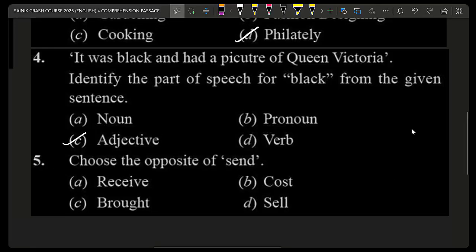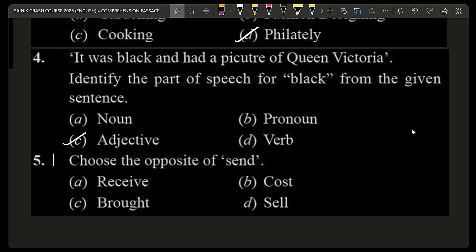Ritvik, can you say the answer for this? Yes, sir. Maths I am very active, and English I am very passive. Involve in English discussions also. Whenever I'm asking a question, you have to raise your hand and involve in the discussion. Okay, sir. Can you say the opposite of send? Yes, sir.